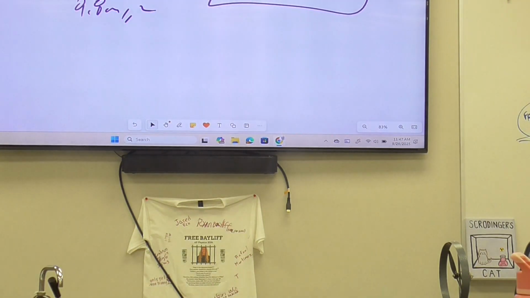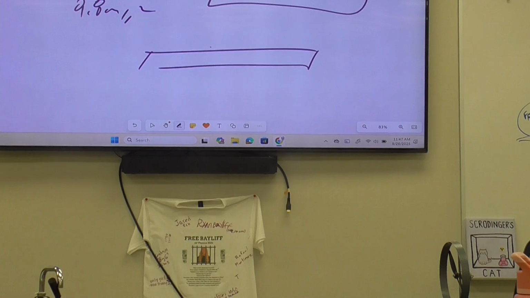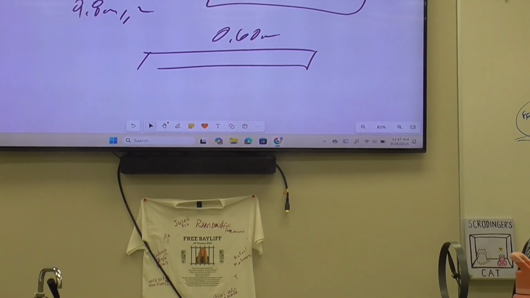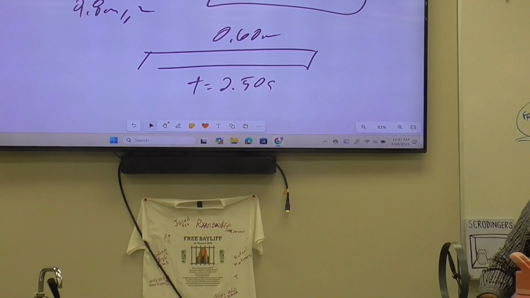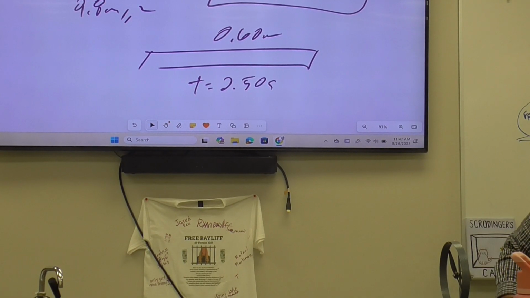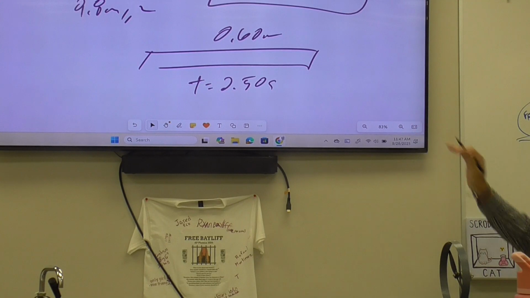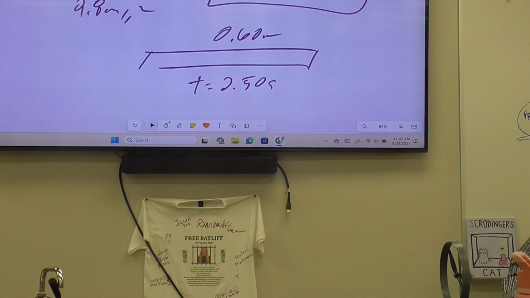So the distance traveled was 0.60 meters, and it took 2.50 seconds. Could I find the velocity by taking 0.6 meters and dividing it by 2.5 seconds? No. Why not? What kind of velocity do I not have? Constant.